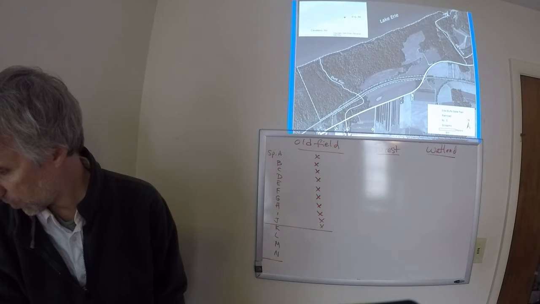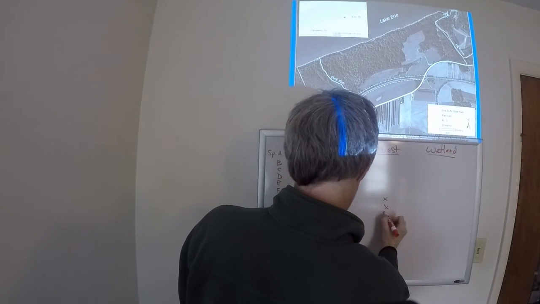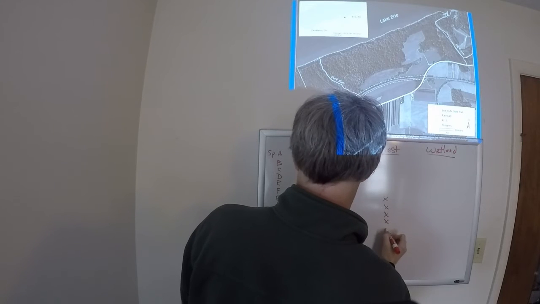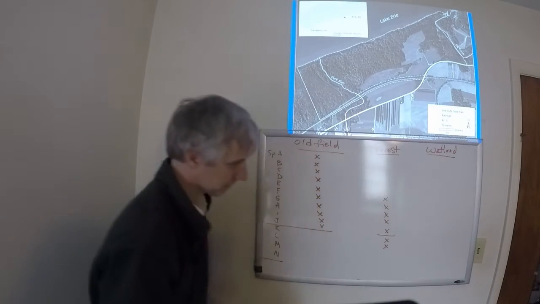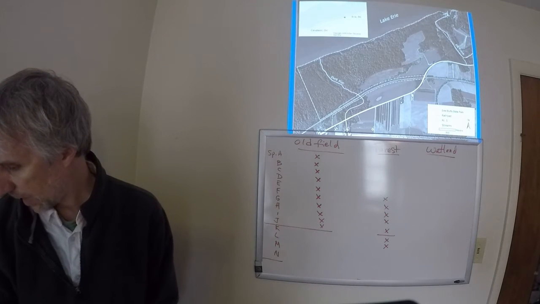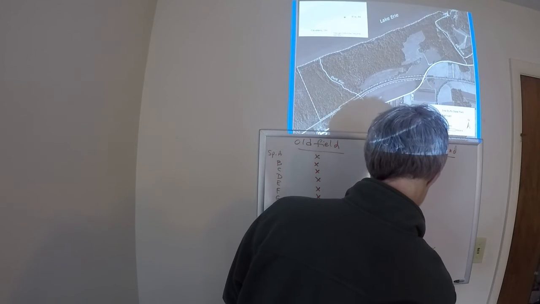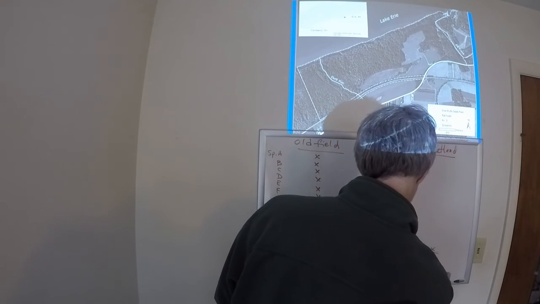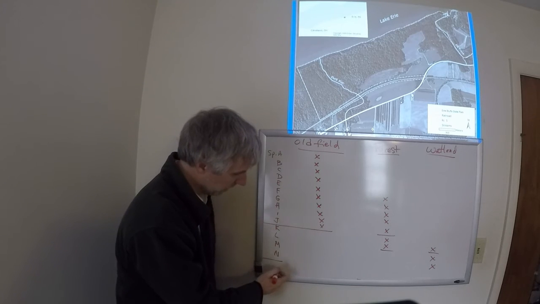And then from F to L, G, H, I, J, K, L. And then in the last one, L, M, N. Okay? So, richness in the old field.